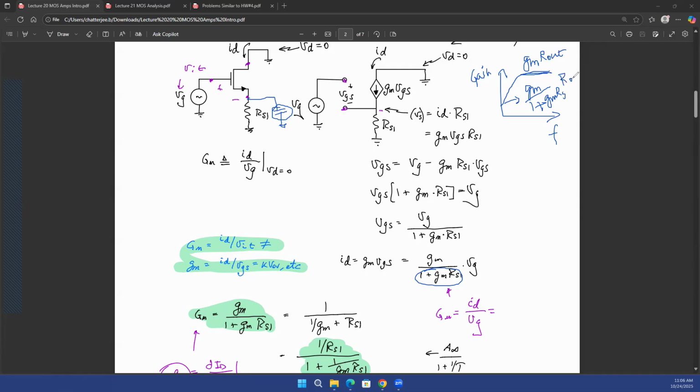So when you do not have the degeneration, it's GM times R out. And if you have degeneration, it's GM divided by 1 plus GM RS, times R out.